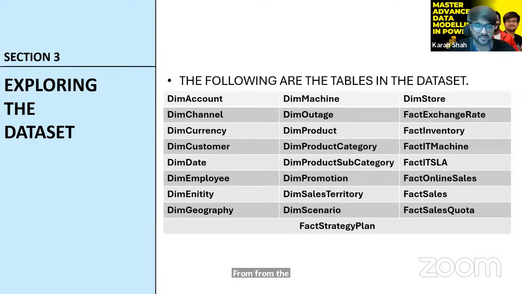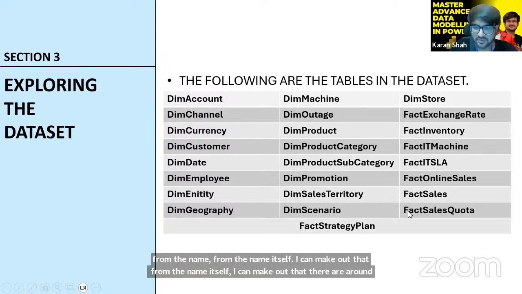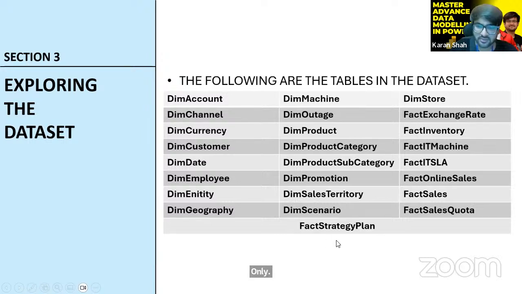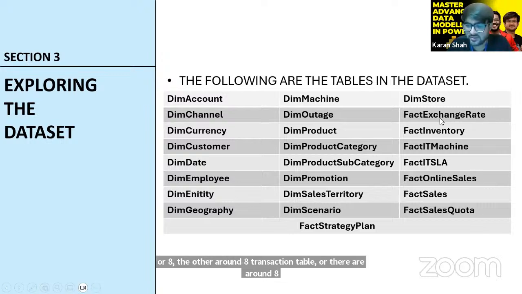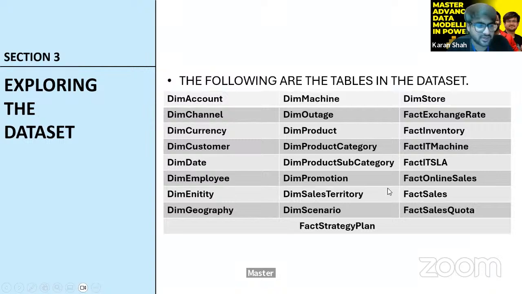From the name itself, I can make out that there are around 8 transaction tables, or around 8 fact tables, right? And the rest of the tables are nothing but the master tables.